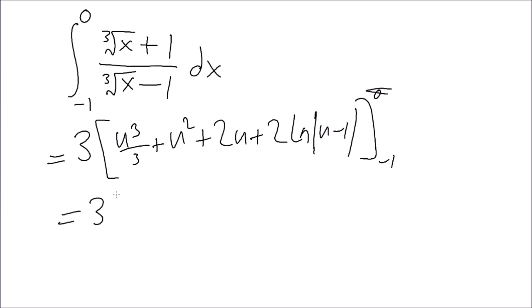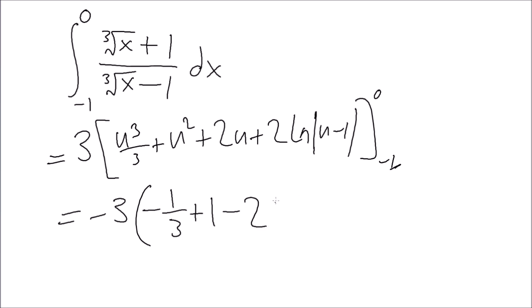Alright, skip. Let me go ahead and make this -3, because now we're working with the bottom here. Plug in -1. -1 here, that's minus 1/3, plus 1, minus 2, and then -1 here, the absolute value will make it 2 ln of 2.